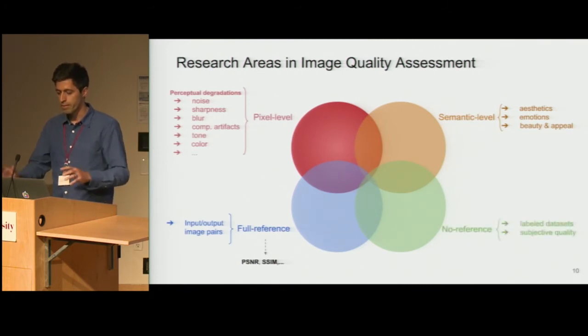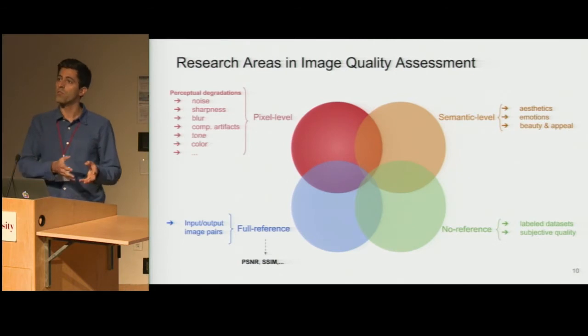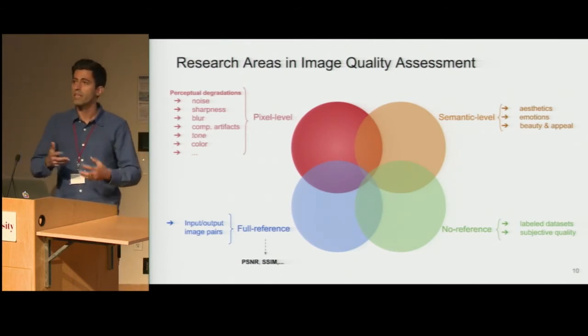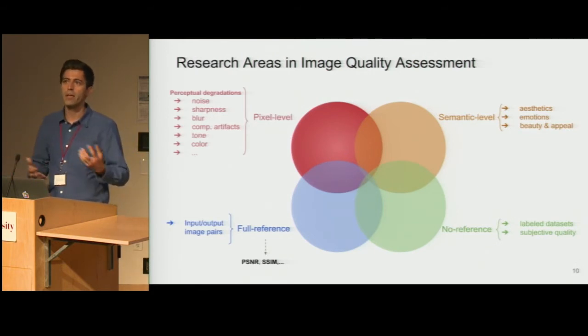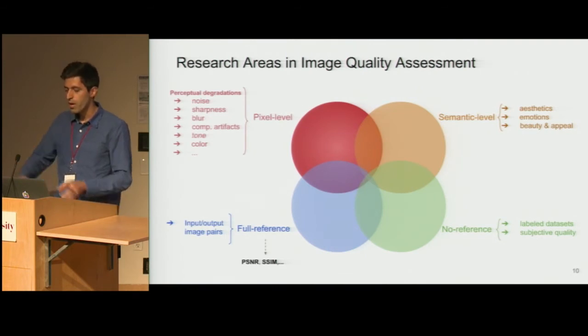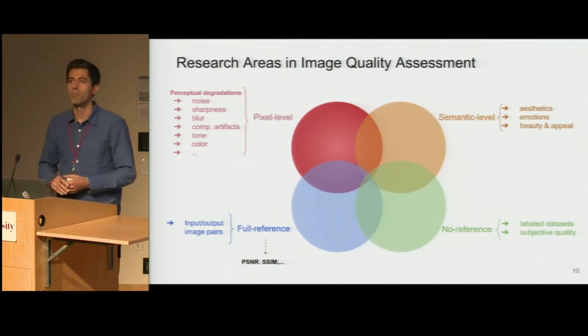Also, another two distinctions: one is the setup of full reference quality assessment, in which we do have access to a reference image, what you call a clean image. For example, PSNR, SSIM, people have been widely using those metrics. On the other hand, in most practical scenarios, you do not have reference images.